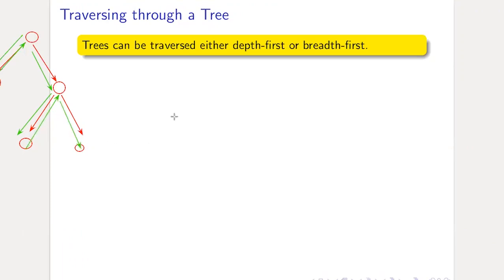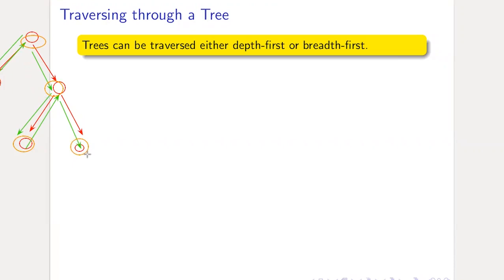So there are different ways of traversing. The other way is to travel breadth first. First of all, you would visit all the nodes at a particular level. You start from here, then you visit these ones, and later you visit these. That would be your order in that case.